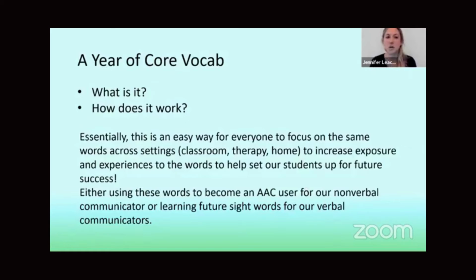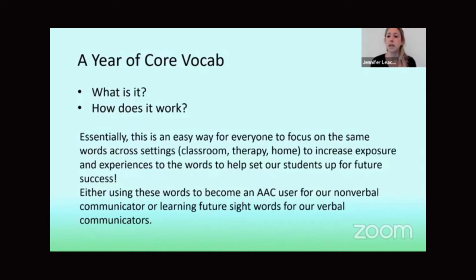So a year of core vocab, what is it and how does it work? Essentially, this is an easy way for everyone to focus on the same words across settings. So the classroom, therapy, home. So the hope is to increase exposure and experience to the words to help set our students up for future success. So what this is, you provide the core words to the classroom and at home so that there's consistency.